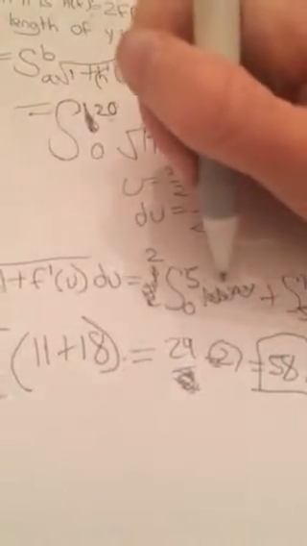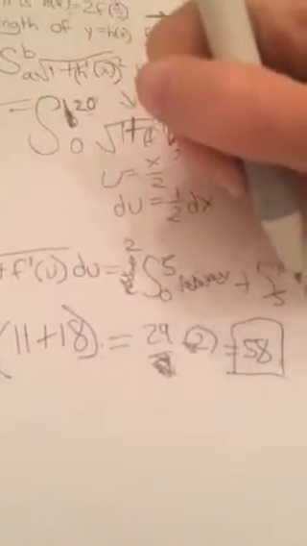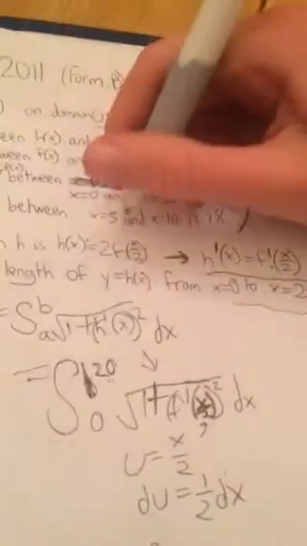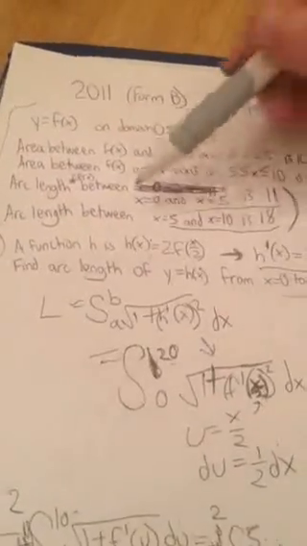I don't feel like writing it again, but it'll be 2 times the value they gave us for the arc length of f of x from 0 to 5, plus the arc length of f of x from 5 to 10, which is 11 and 18. If you want to see, they gave us it right here and right here. See that? So you just have to plug that back in, which is tricky because it's hard to bring back, I guess.